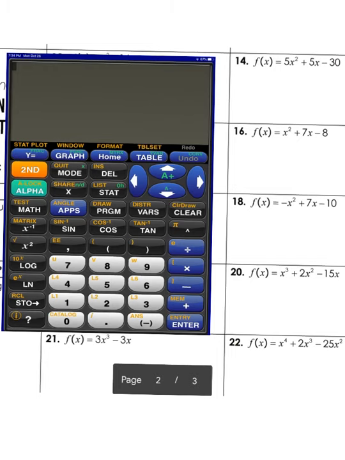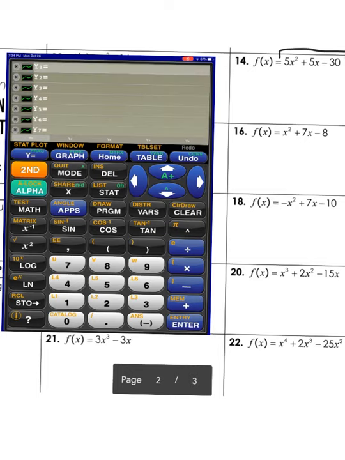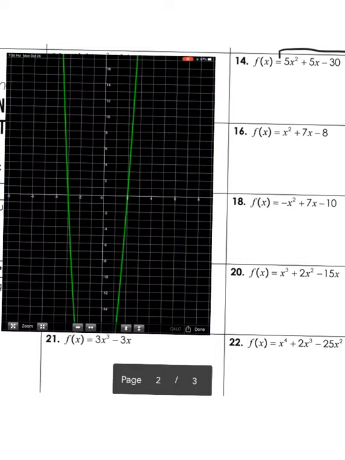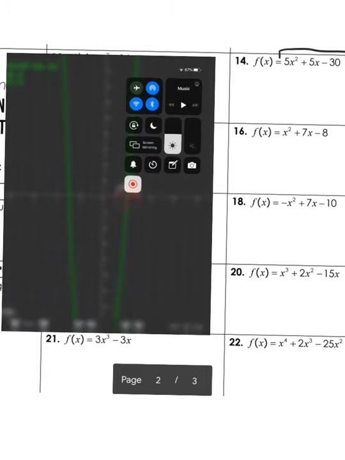Okay, and then let's look at number 14. When we are graphing, we put this entire part, everything past the equal sign, into our y equals. So you're going to hit y equals, which is up in the top left corner. You type in 5x squared, and then we hit graph and we find our two solutions.